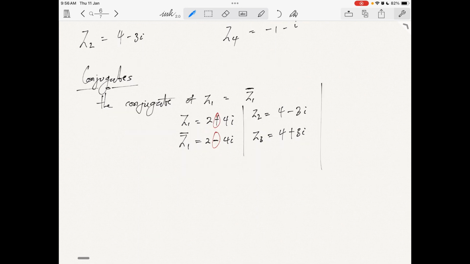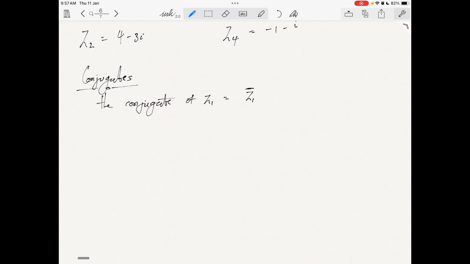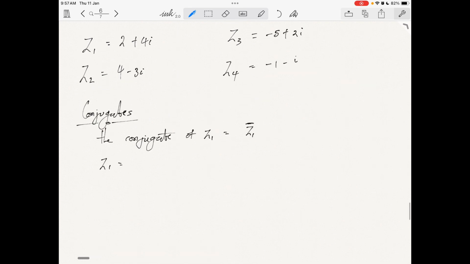Alright, so we can start afresh. We have z1 equal to 2 plus 4i, our conjugate of z1, that's z1 bar, will be equal to 2 minus 4i.